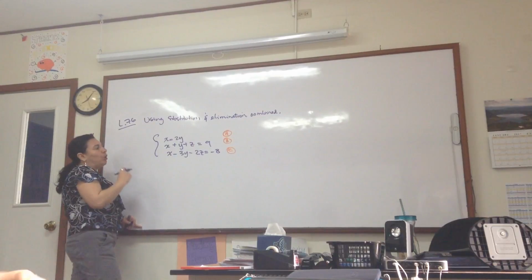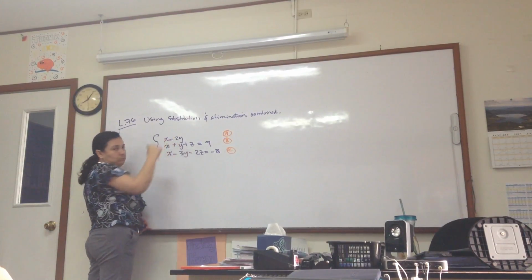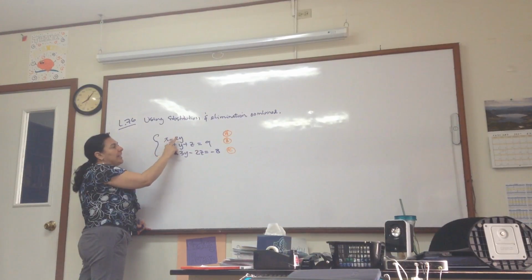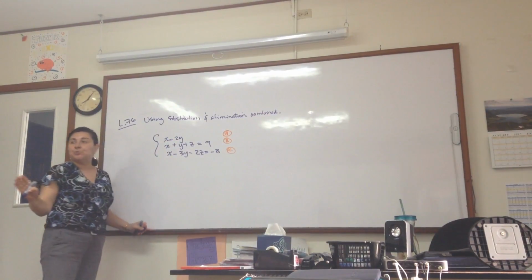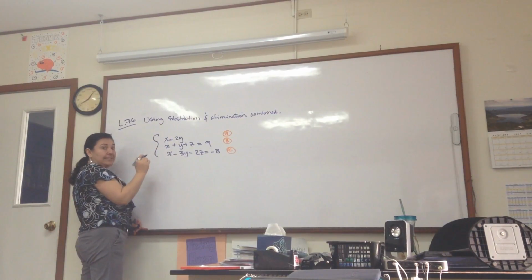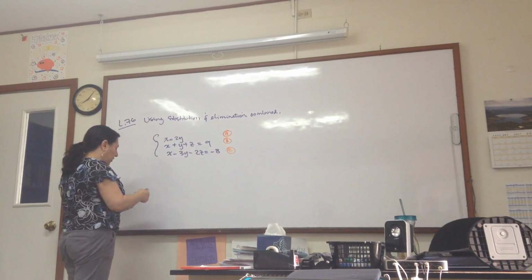So, I am going to get rid of this z. Multiply everything by minus. Because I have this one that says x equals 2y, so I'm going to leave everything in terms of x or y, okay? So I'm going to get rid of the z. Does that sound good to you? Okay, so this is what I'm going to do.